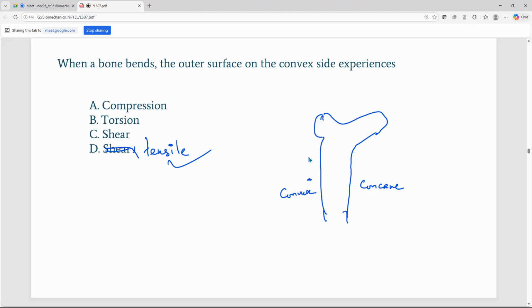I'm just showing a bone head only. So when it bends, this portion will be having stretching and this will be having compression. So the convex side will be having a tensile load and the concave side will be having a compressive load. So the answer is tensile.